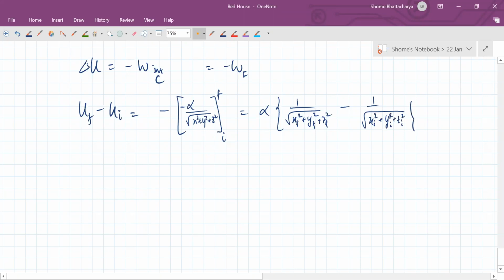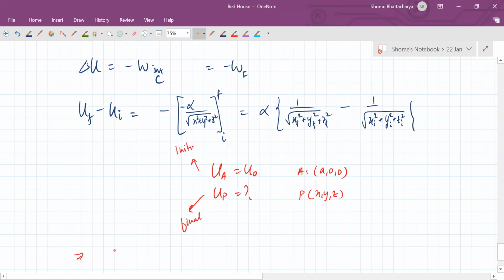Okay. Now it is given to us that potential energy at the point A is equal to U naught, where A is having the coordinates A, 0, 0. So potential energy at the point P we have to find out, where the point P is having coordinates X, Y, Z. Okay, so take this as a final point and take this as an initial point.